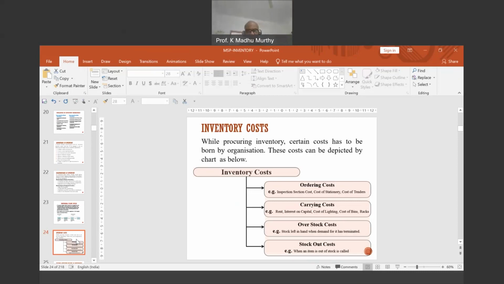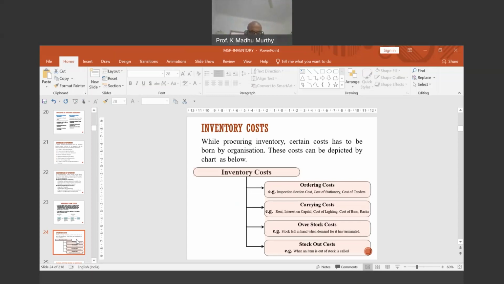And the shortage cost, or the stock out cost as we call it. When the stock of a particular item is depleted, then the order for that item must either wait until the stock is replenished, or we have to cancel that.